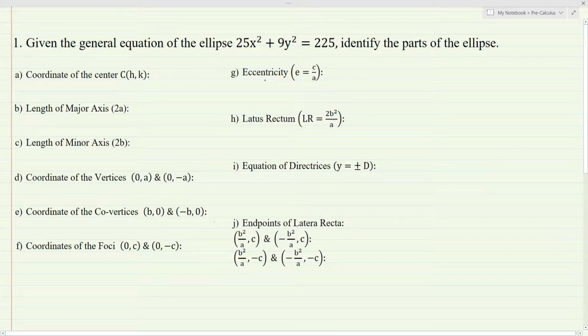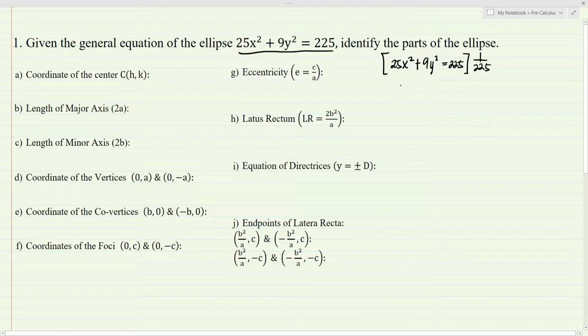We have here the general equation of the ellipse: 25x squared plus 9y squared equals 225. Now, to identify the parts of this ellipse, I would have to divide both sides by 225.